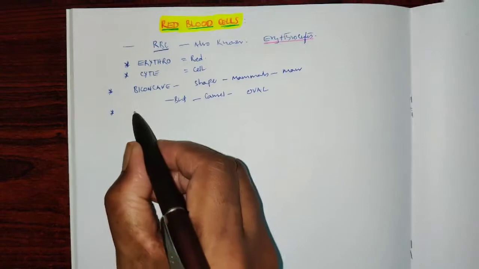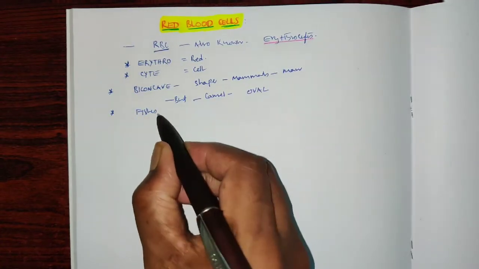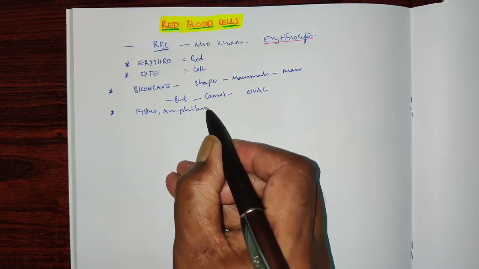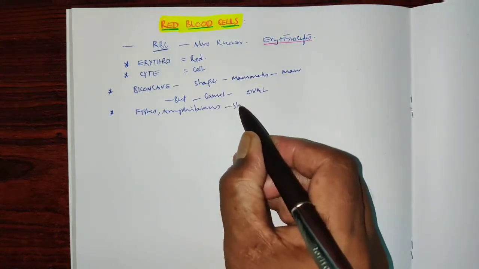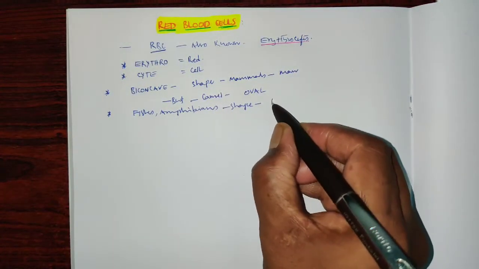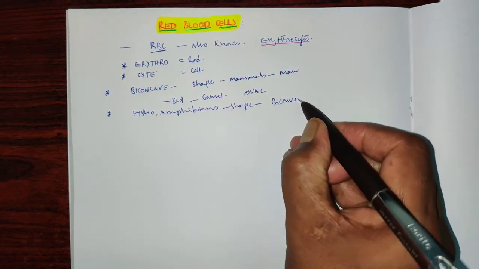In other animals like fishes and amphibians, the shape of RBC is biconvex.